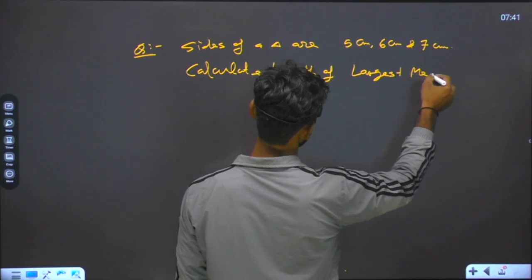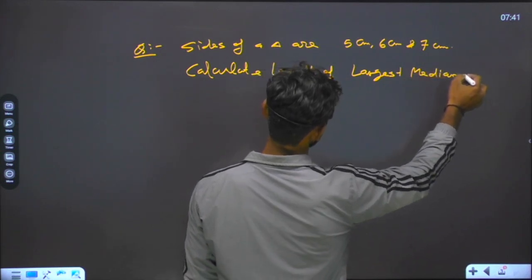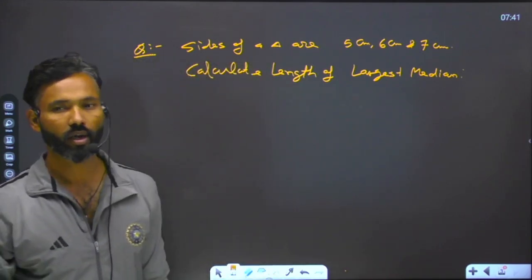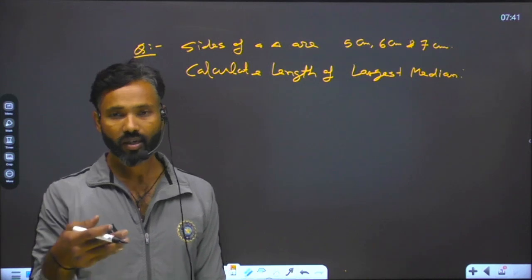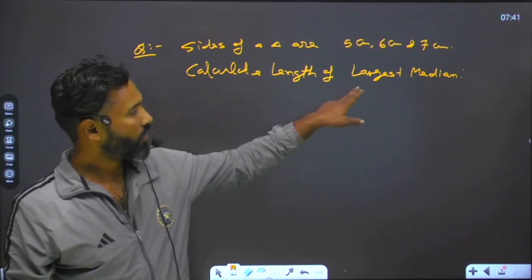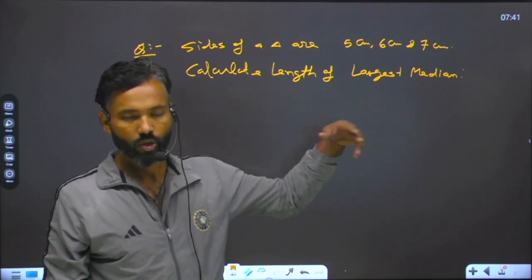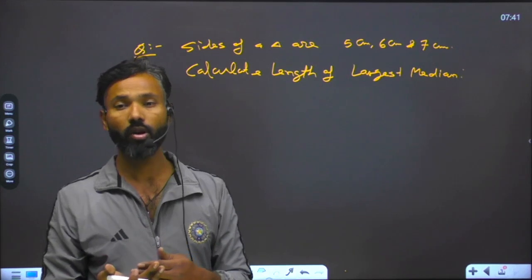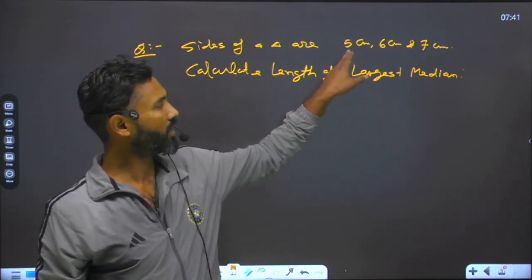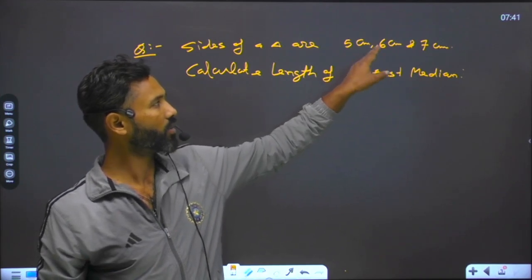Okay. So to calculate the length of the largest median in this question, we don't need to draw any kind of diagram. What we discussed right now is that the largest median will be dropped on the shortest side. Here the measurements of the sides are 5 centimeter, 6 centimeter, and 7 centimeter.